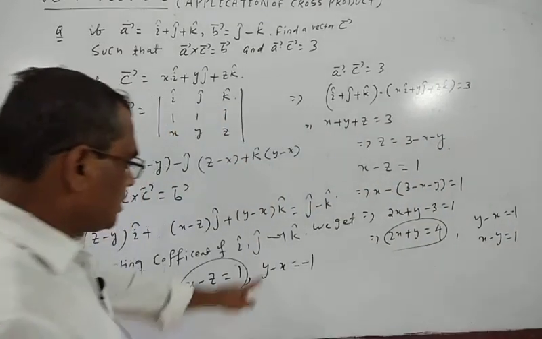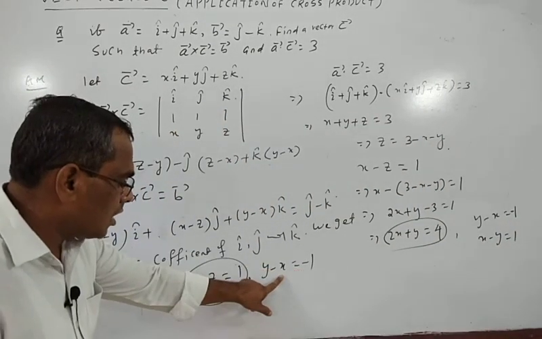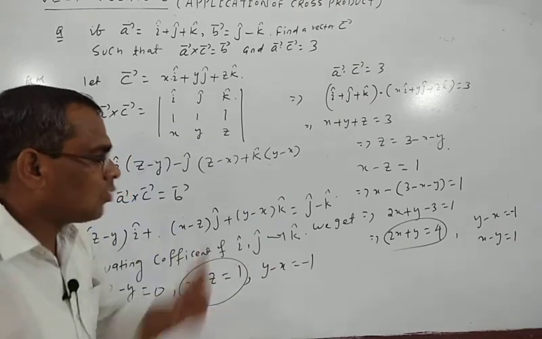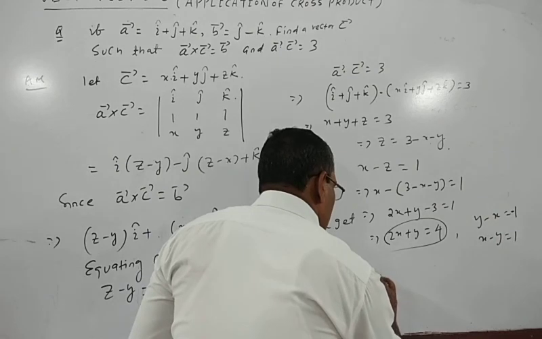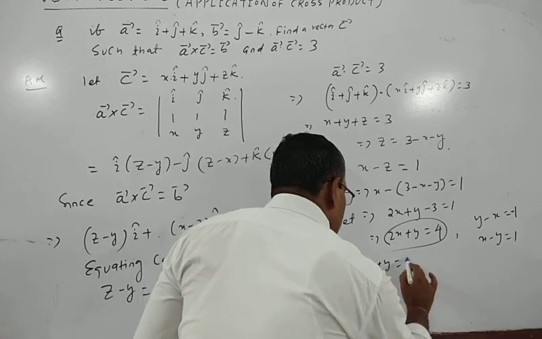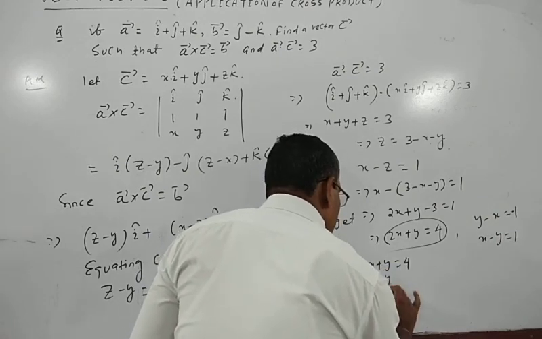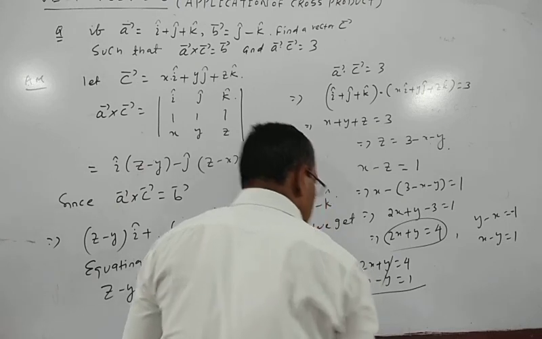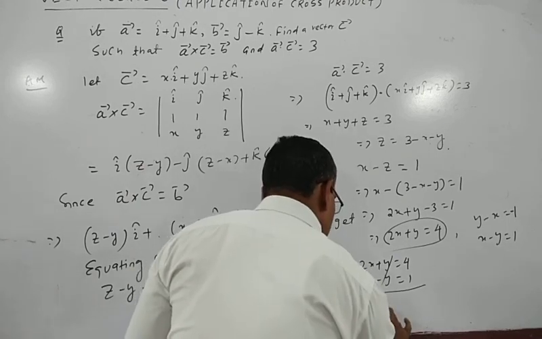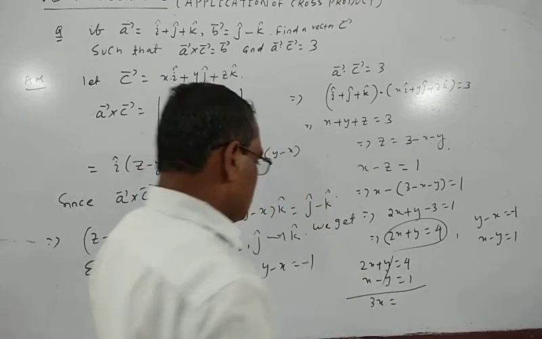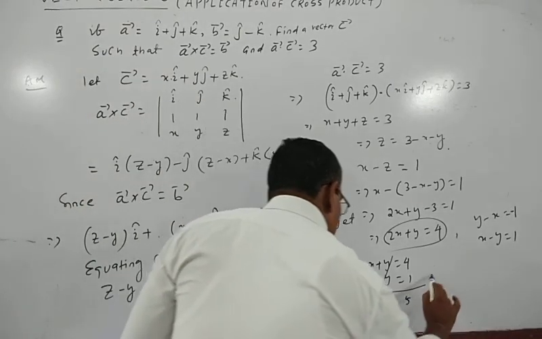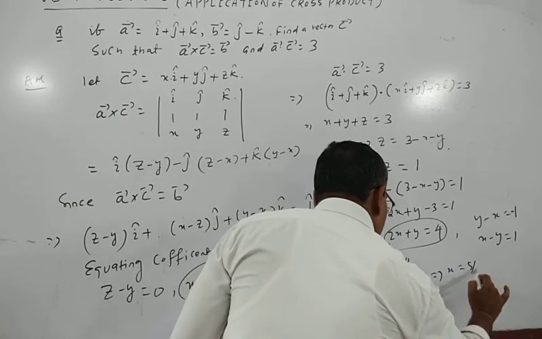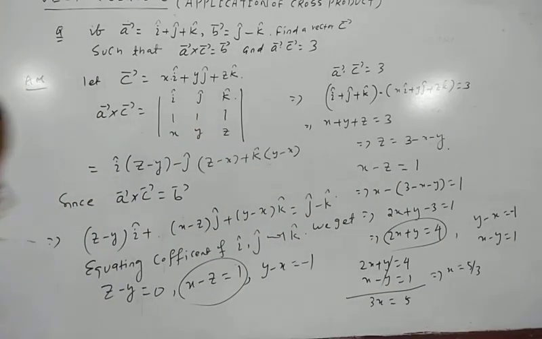So 2x plus y is equal to 4, and x minus y is equal to 1. Adding these two equations, this is equal to 3x, so 3x is equal to 5. That implies x is equal to 5 by 3.